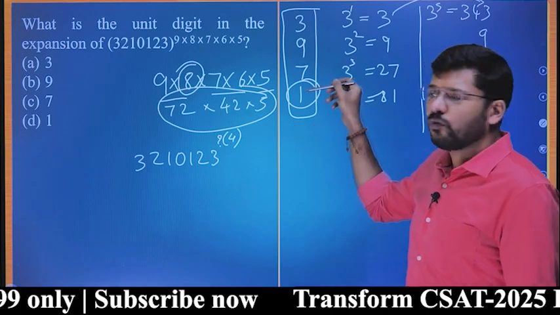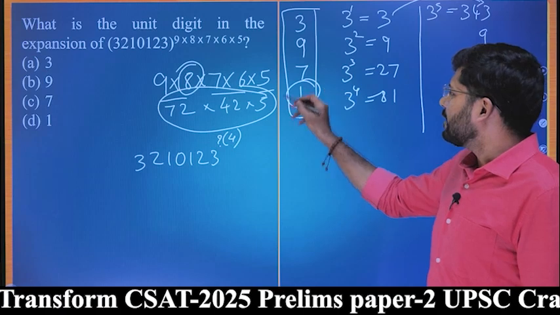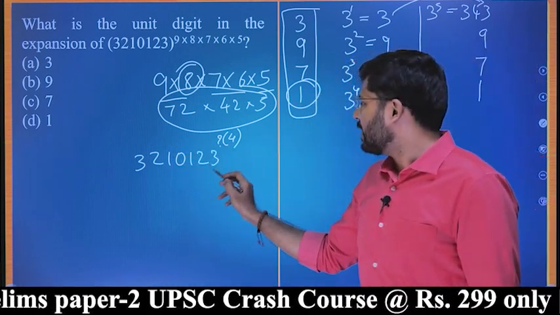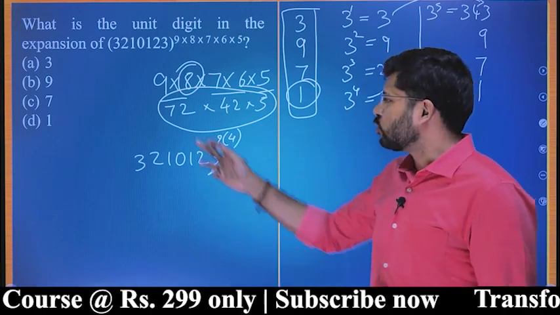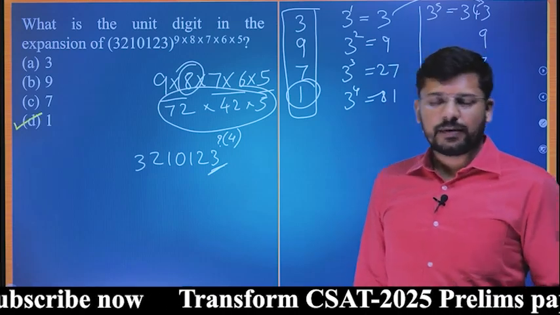So this is 3 to the power of 4, 3 to the power of 8, 3 to the power of 12. They will all have the last digit 1. So if 3 is raised to any multiple of 4, we will have the last digit 1. That is option D. Then let us go further.